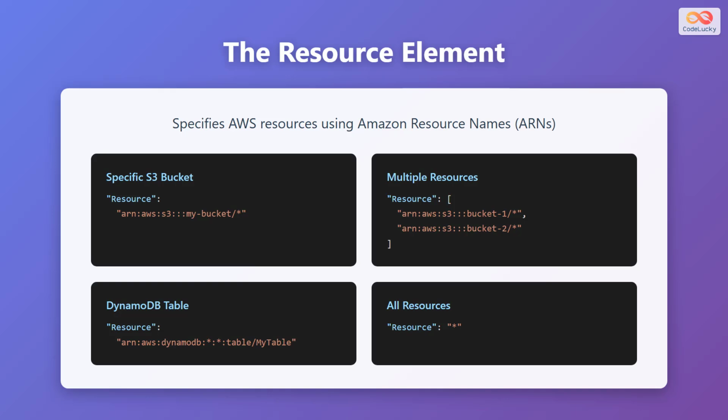You can specify multiple resources using a JSON array, allowing you to grant permissions to several buckets or resources at once. For DynamoDB tables, the ARN includes the region and table name. While you can use an asterisk to represent all resources, it's best practice to be as specific as possible to maintain proper security controls.